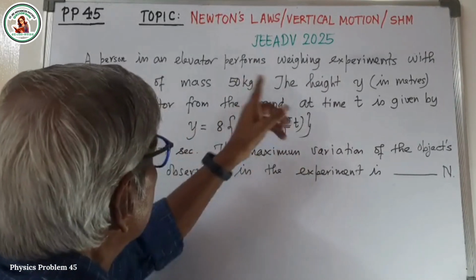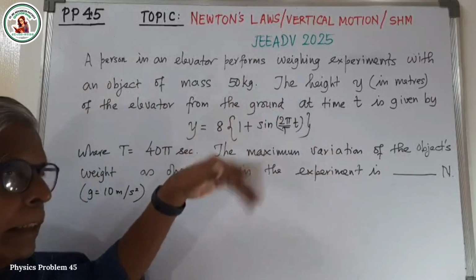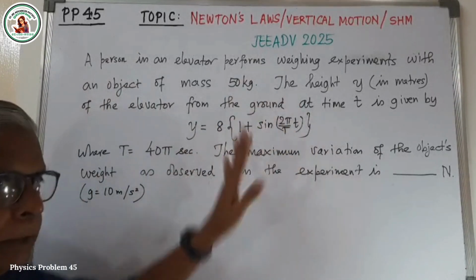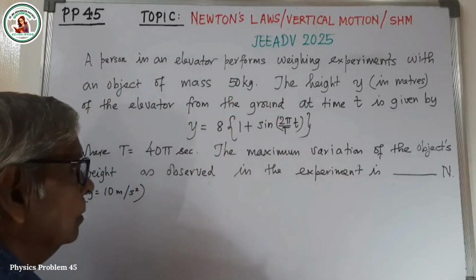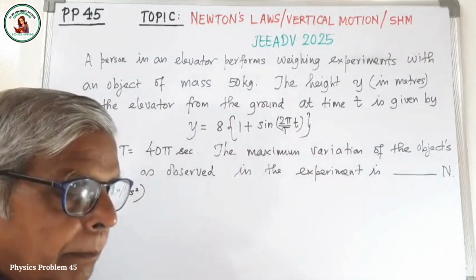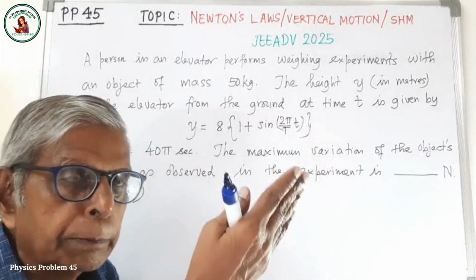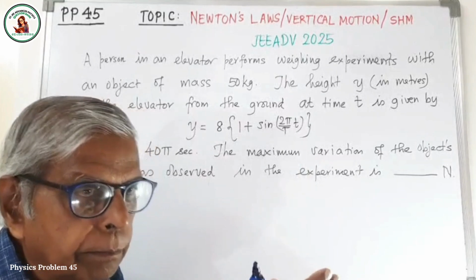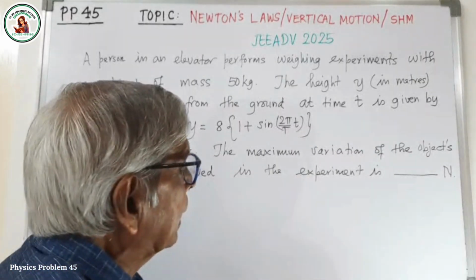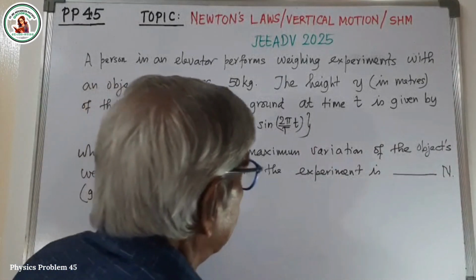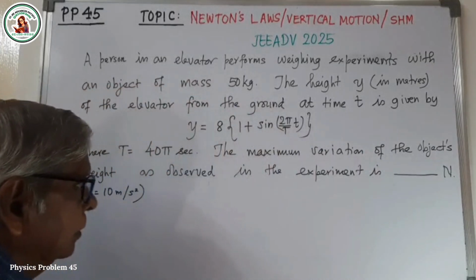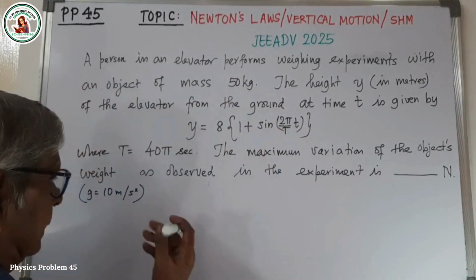This elevator is undergoing some sort of simple harmonic motion. So sometimes the acceleration will be maximum upwards, sometimes maximum downwards, so accordingly the apparent weight will change. So it's based on that.